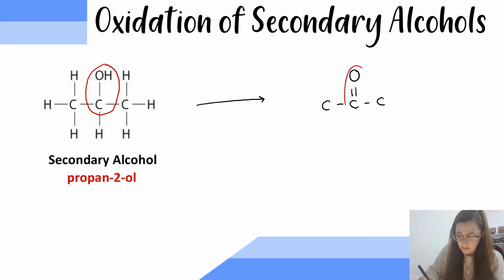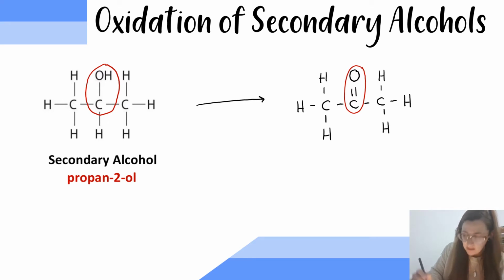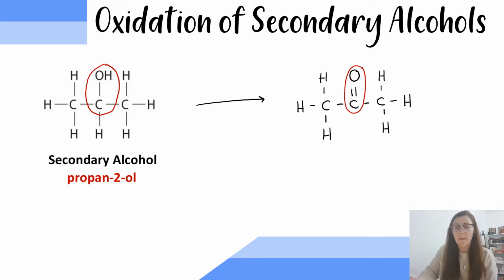So this group here is my carbonyl group, and I also lose a hydrogen from that carbon. So I'm decreasing my hydrogen to oxygen ratio or increasing my oxygen to hydrogen ratio. I have less hydrogens in this molecule than I did in the previous molecule.